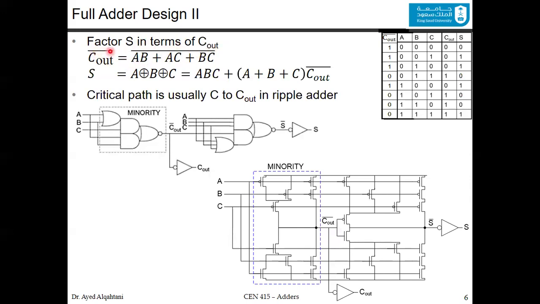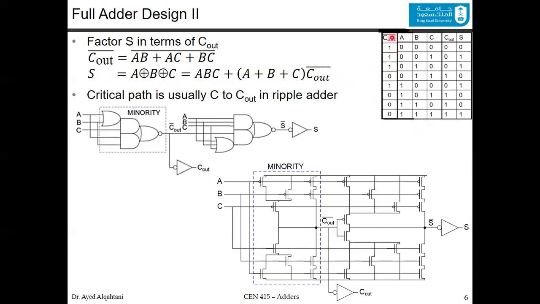Now, what happens in this design, the idea is that we are trying to find the sum, which is A XOR B XOR C, in terms of A, B, C, and also the carry out bar. And to do that, we can clearly see it in the truth table.